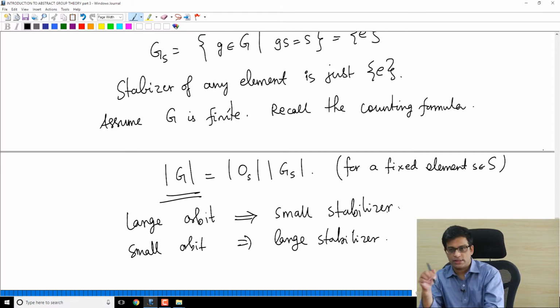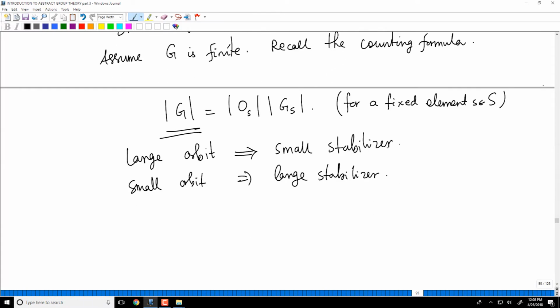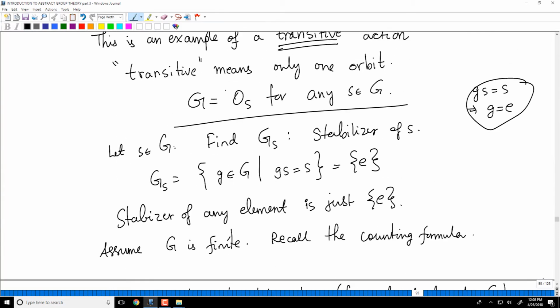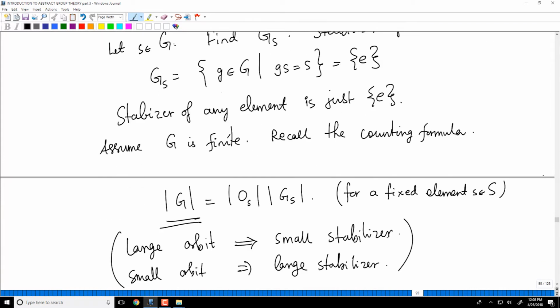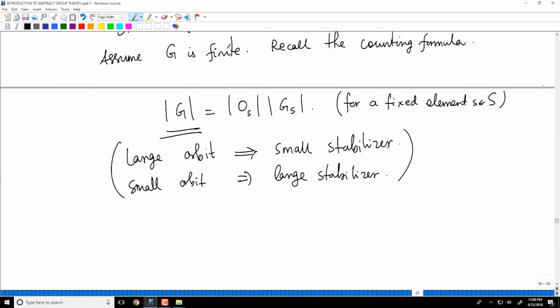Small orbit means OS has a small number of elements, so the stabilizer must make up for it because the product is the order of G. So very loosely speaking, this is a heuristic that you should remember. In this case, for the group action given by left multiplication, the orbit is as big as it can be, so the stabilizer is as small as it can be. One element, all elements.